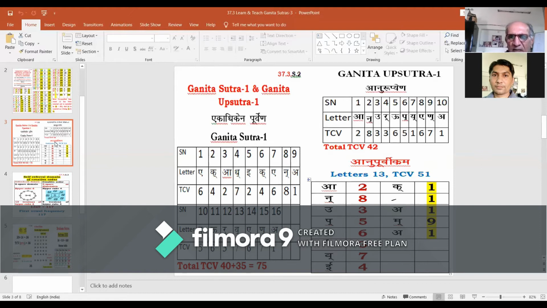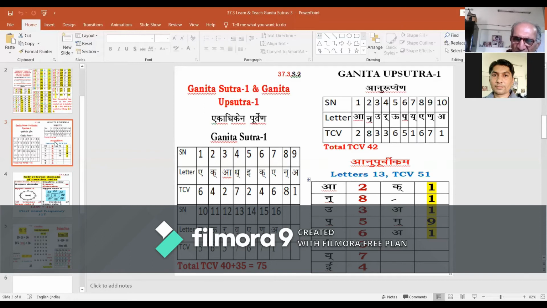It will be blissful to take note that the first letter of the text of Ganita Sutra, that is A, the sixth vowel, is having 15 frequency in the text of Ganita Sutras.